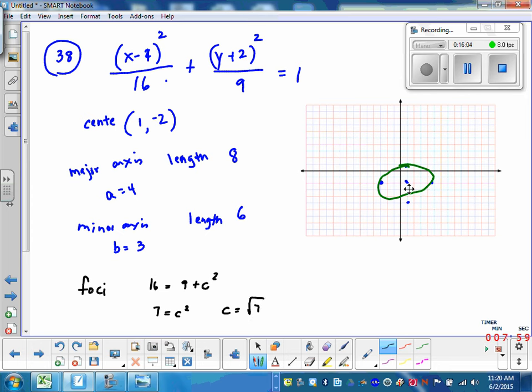So again, I'm changing the x coordinates. I'm going to take the center, and I'm going to keep the x coordinate changed by the square root of 7, and the y coordinate stays the same. Okay? So 1 is going to go over here and stay at -2, and 1 is going to go over here and stay at -2. So these are the coordinates of the foci. Okay? Any questions?